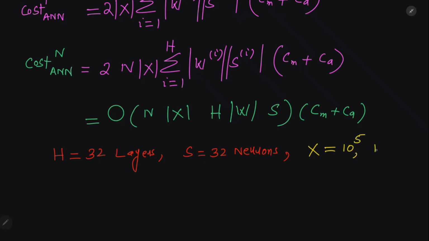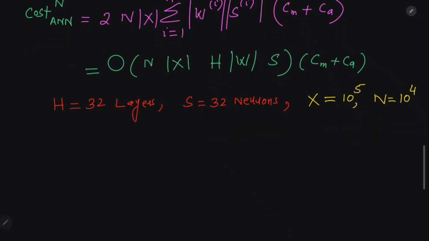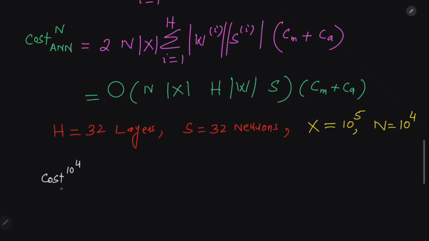And how many iterations do we have? For example, 10 raised to power 4 iterations are required to find the optimized weights and the bias. So for that, we have the cost of 10 raised to power 4 of the artificial neural network.